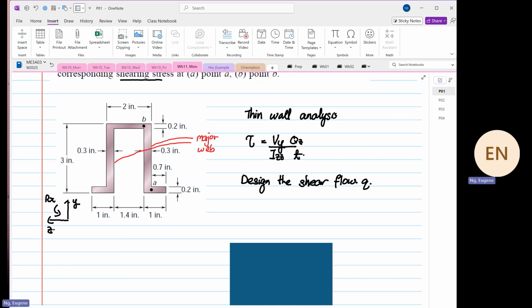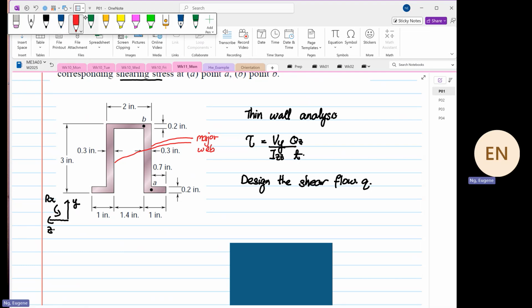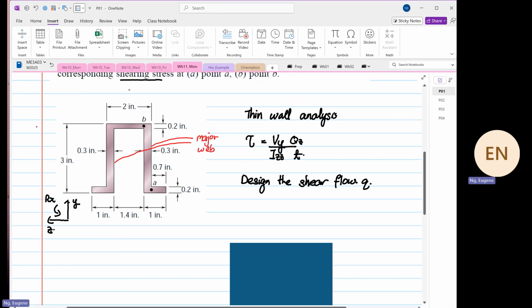So if that is our major web, and we know that this is our Vy, the major web will control the flow. So we know that this is coming down. There are two major webs over here. And then you do this.